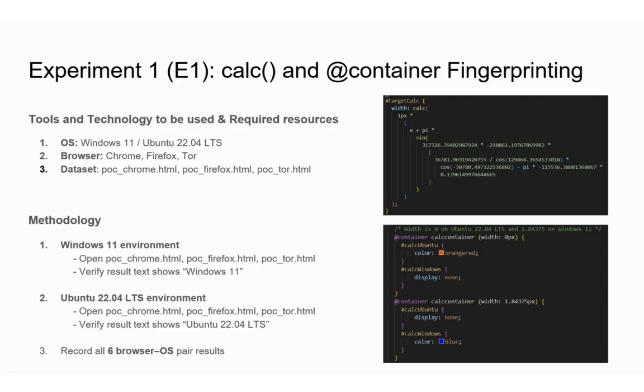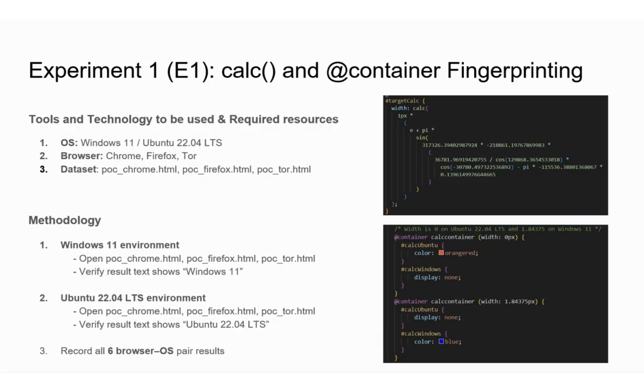Now I will explain the methodology. First, in the Windows 11 environment, open POC Chrome HTML, POC Firefox HTML, and POC Tor HTML. Verify that the result text shows Windows 11 in each browser.